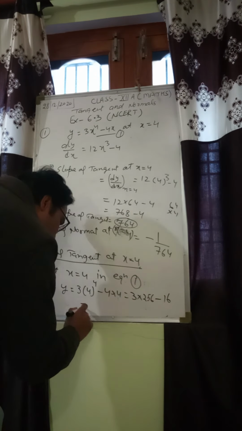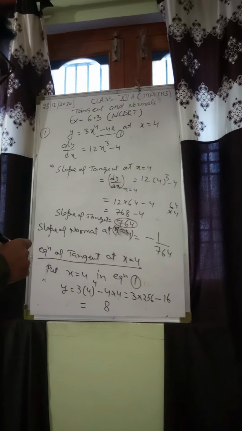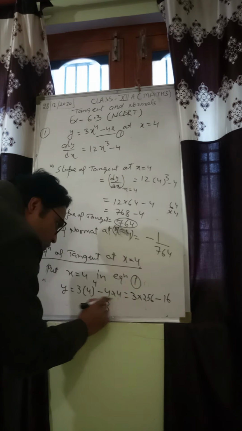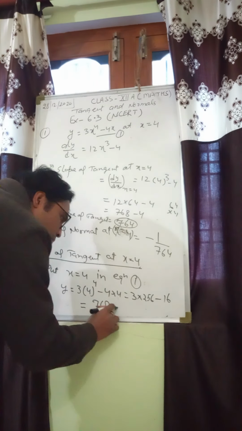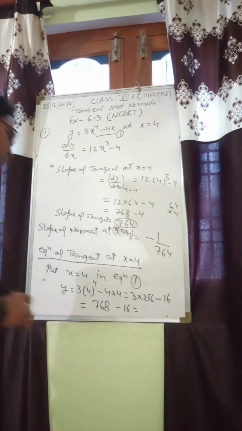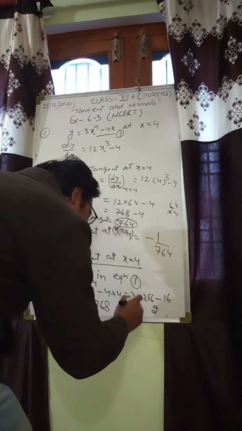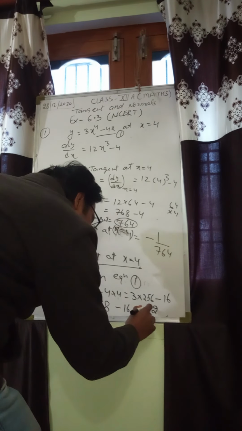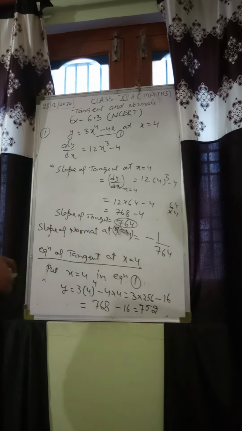So we have 3 times 256, which is 768, minus 16. That is equal to 752.